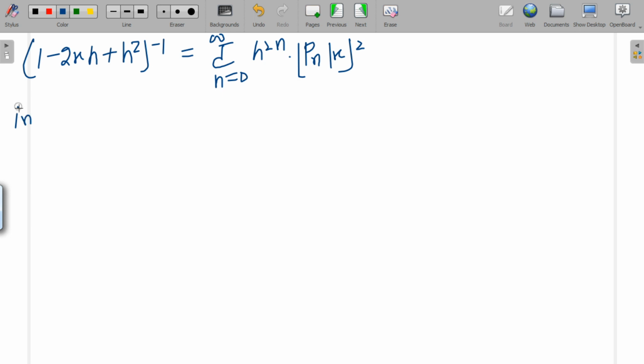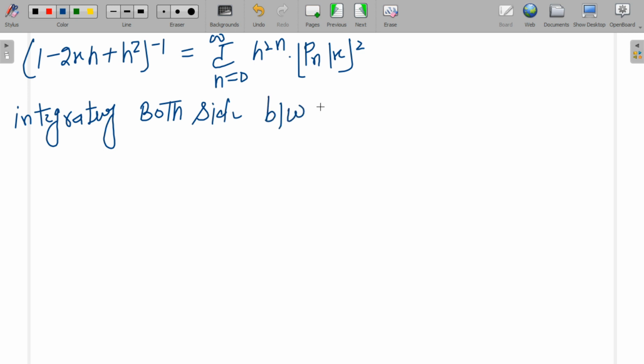Now integrating both sides between the limits -1 to 1.